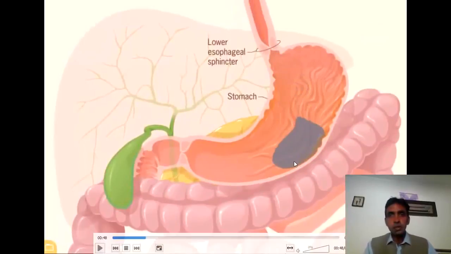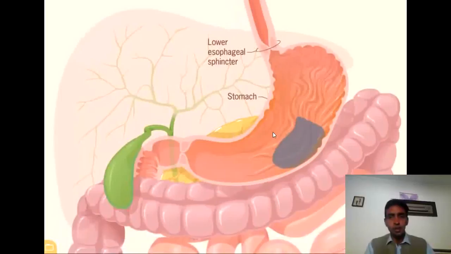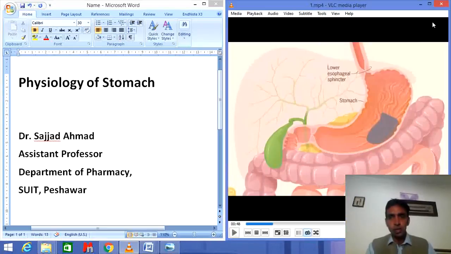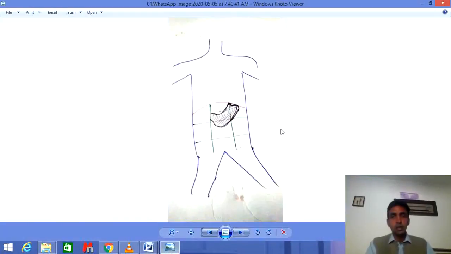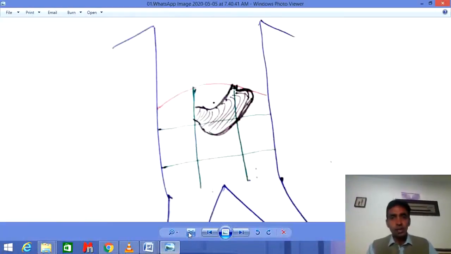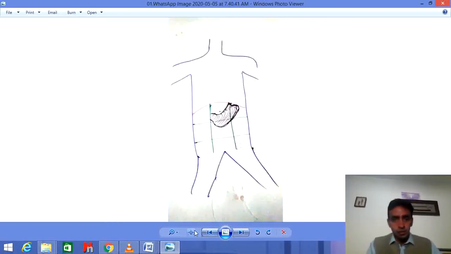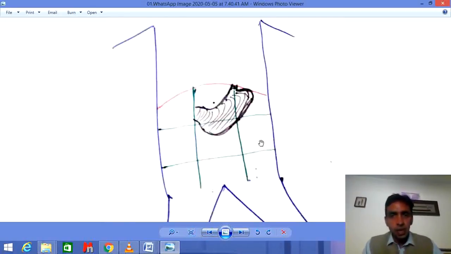To know about the stomach, we will focus on our own diagrams. Now focus on this diagram. In this diagram, you can see a man, and you can see where the stomach is located.